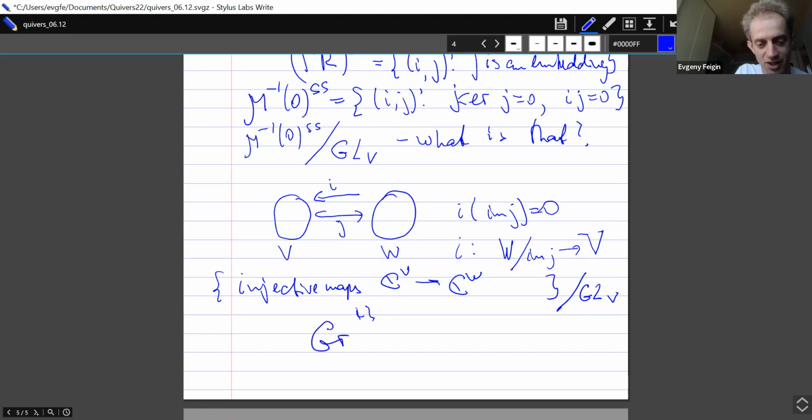This is the Grassmannian of V-dimensional subspaces in a W-dimensional space. Well, this is actually obvious because, what is a Grassmannian? The Grassmannian consists of points, each point being a subspace in a W-dimensional vector space, right?